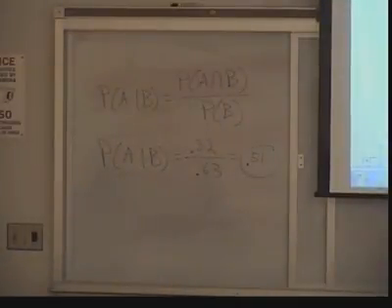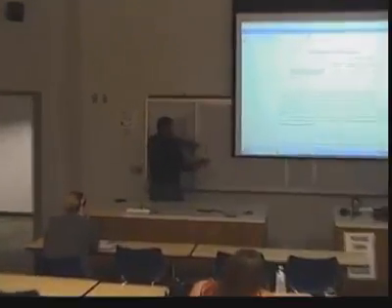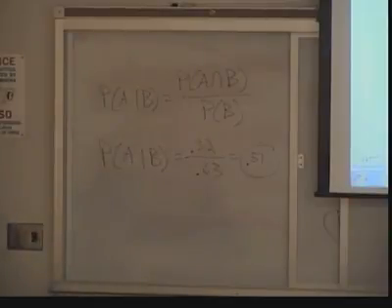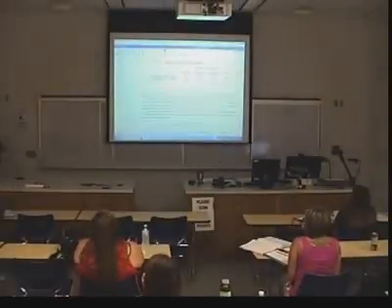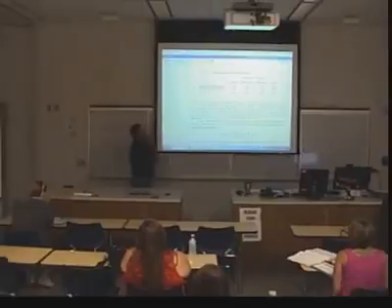So let's interpret that 0.51 in English. What does that mean? What is that 0.51 as a percentage? 50%. 50% of what? Of the total complaints during the guarantee period.